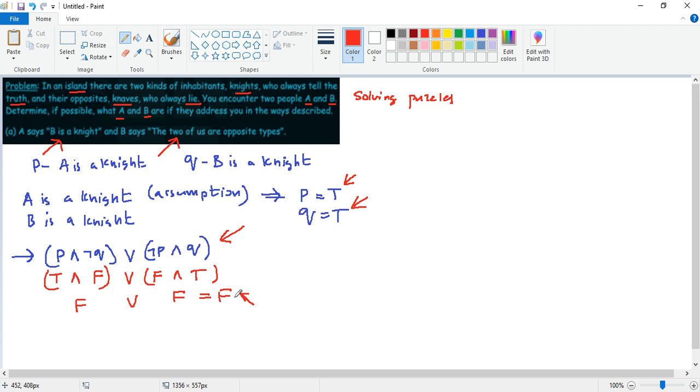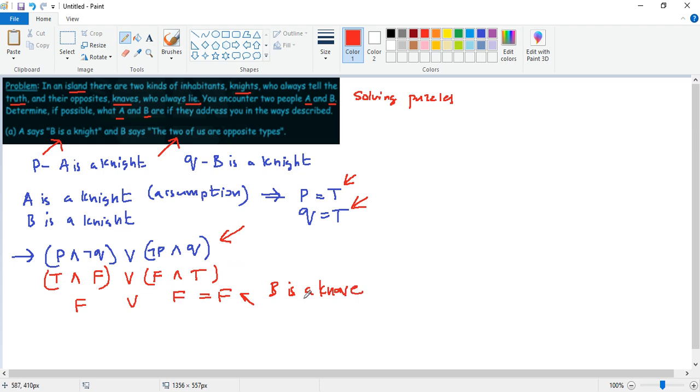So if what B says is false, then it's not true that the two of us are of opposite types, which means the two should be the same type, right? Since whatever B is saying is false, I can conclude that B is a knave, right?